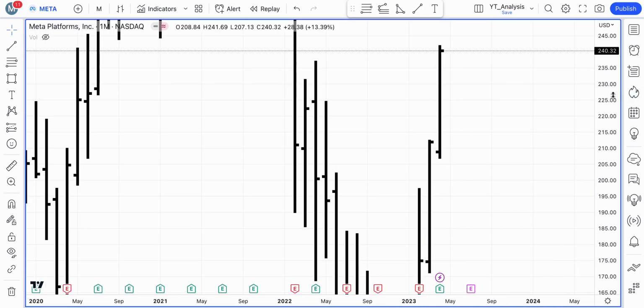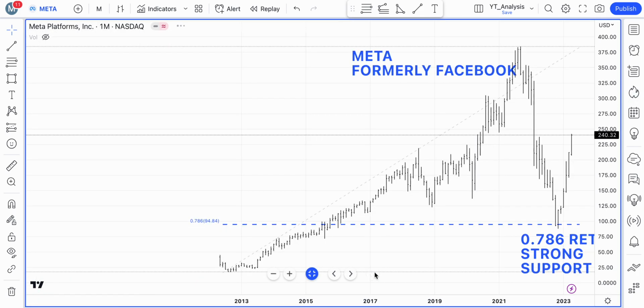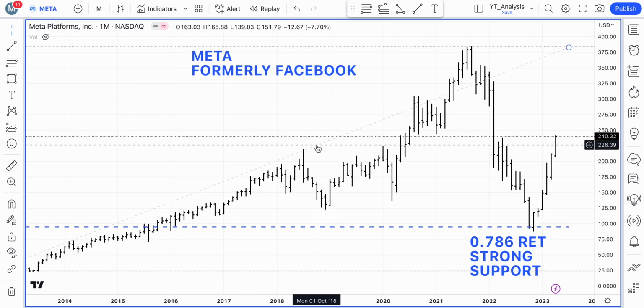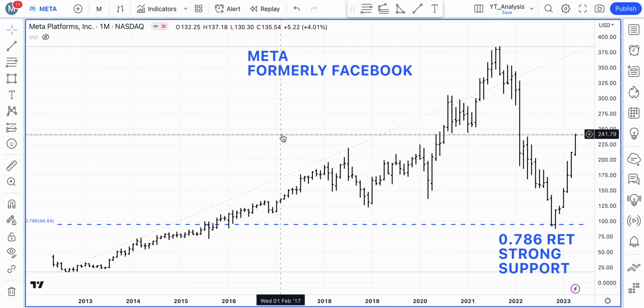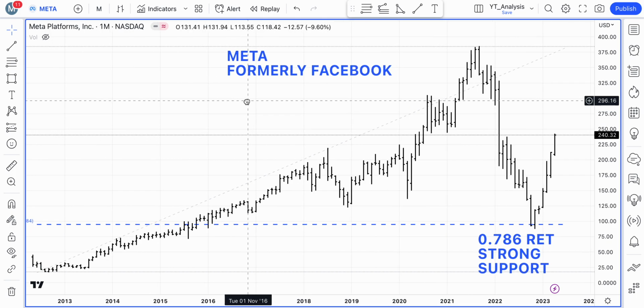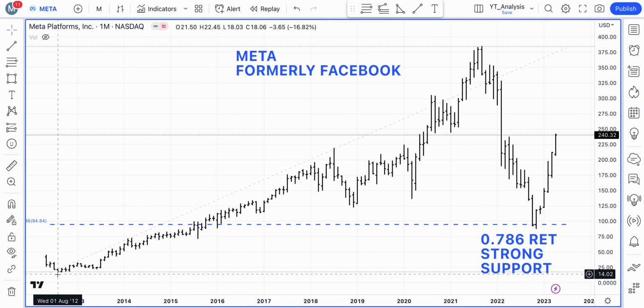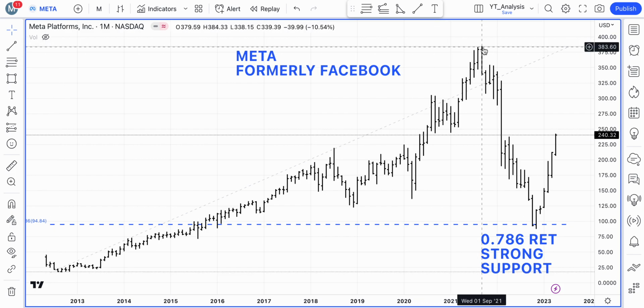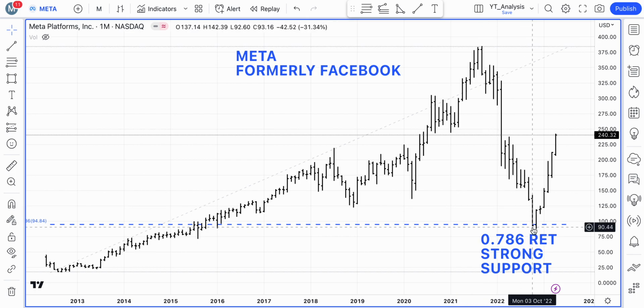Let's take a look at this. Here we go. This is the monthly chart, really long term. This was when the IPO took place, the lows for the stock in August of 2012, all-time highs reached, retracement 78.6% Fibonacci retracement to the tick.